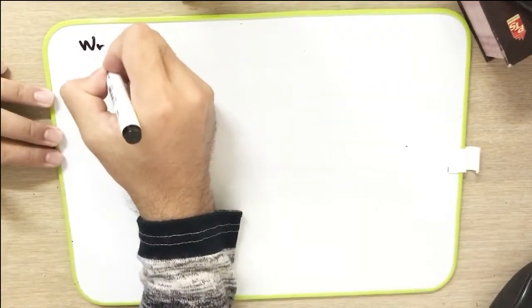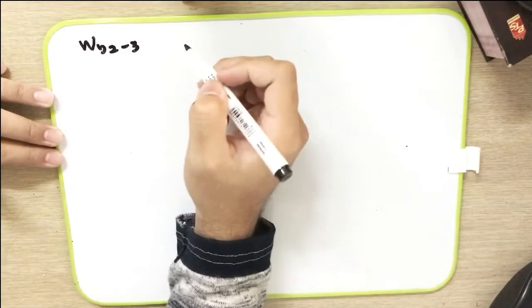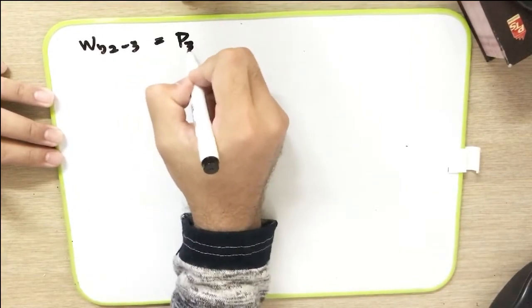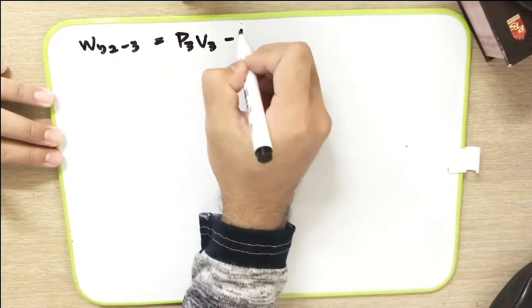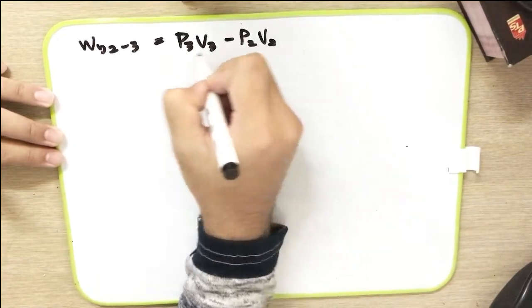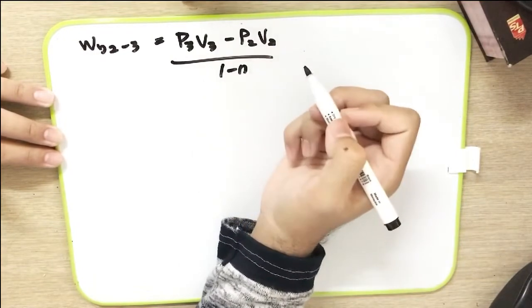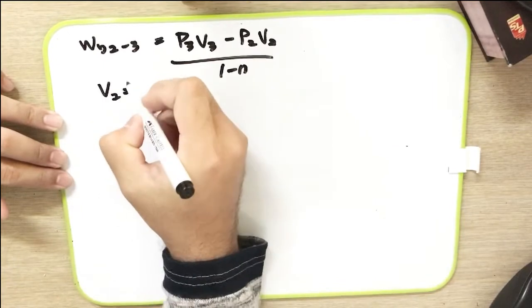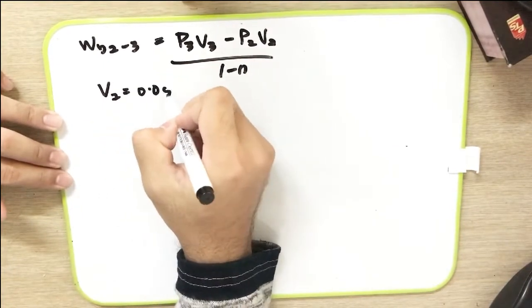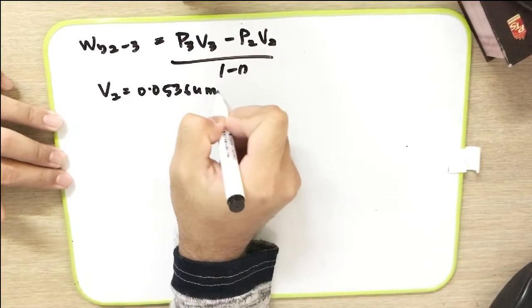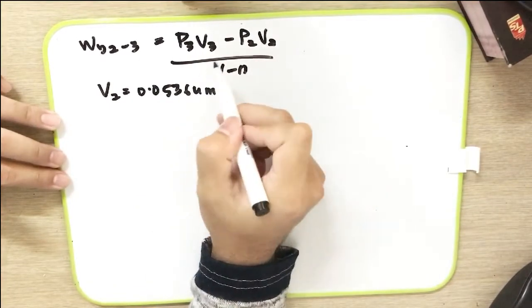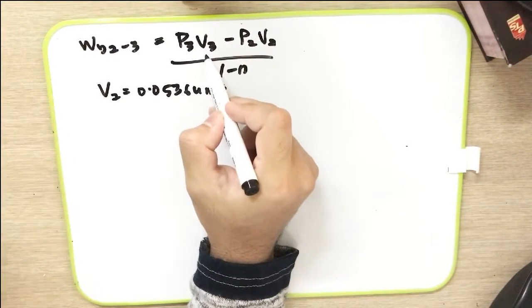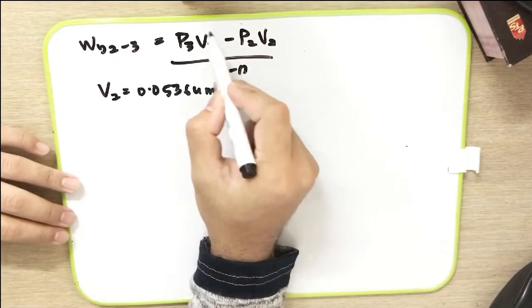Next, the boundary work from 2 to 3, and this is polytropic, so we find it through P3 V3 minus P2 V2 over 1 minus n, because just now we found that V2 is equal to 0.05364 meter cubed. In order to complete all the values here, we need to find V3, because P3 is given, only V3 we need to find.